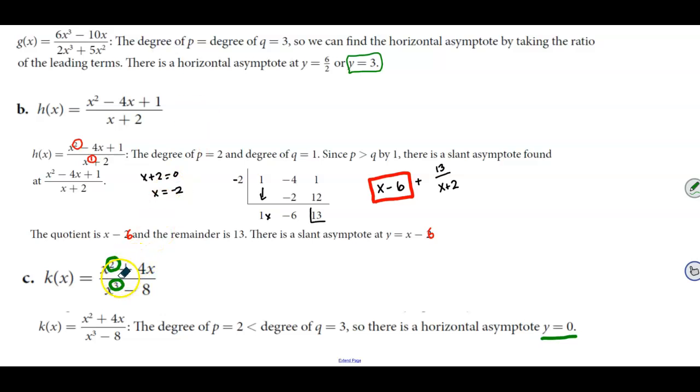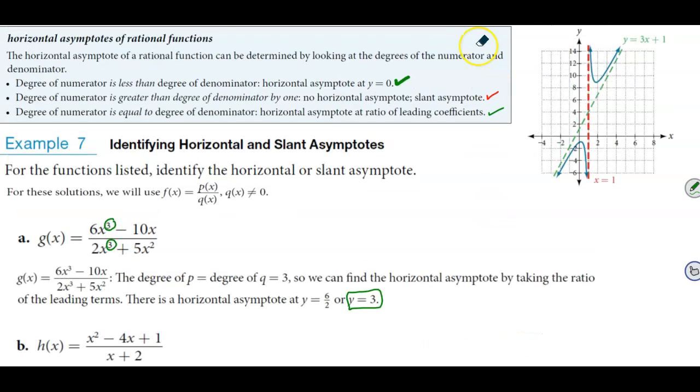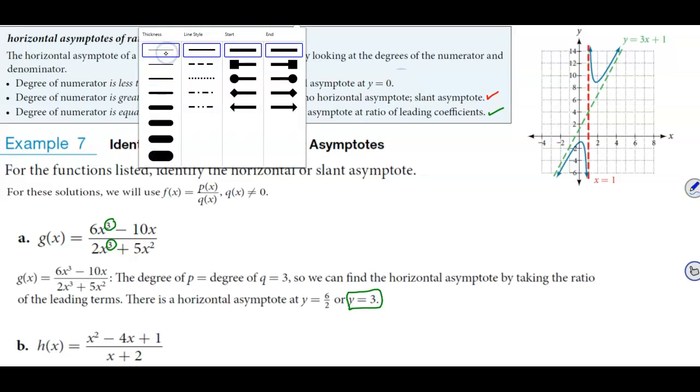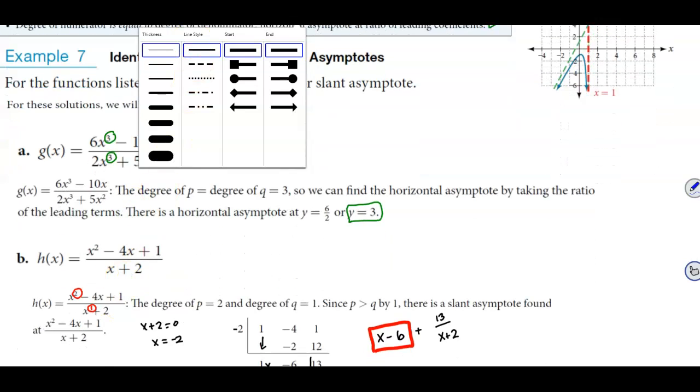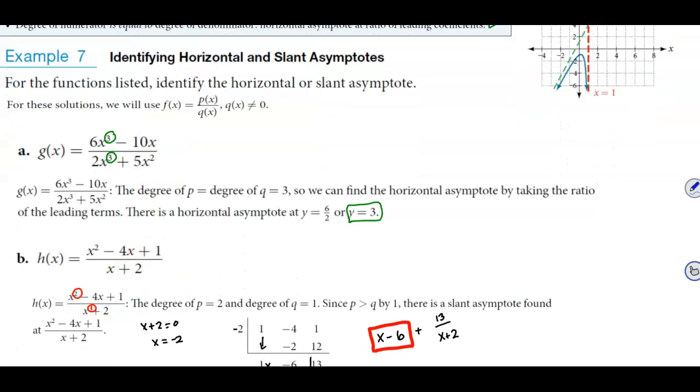Okay, the last one, we want to take a look at part C. In part C, we have the function x squared plus 4x over x cubed minus 8. We want to take a look at the degree of the numerator and the degree of the denominator.